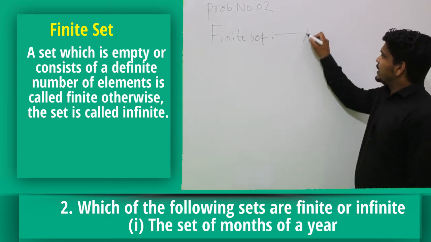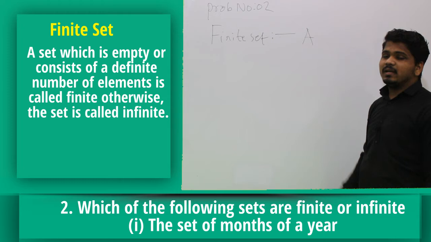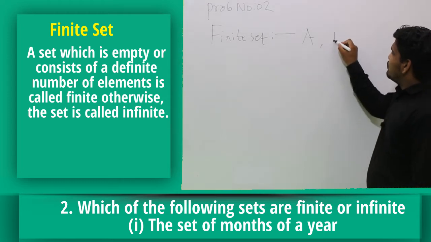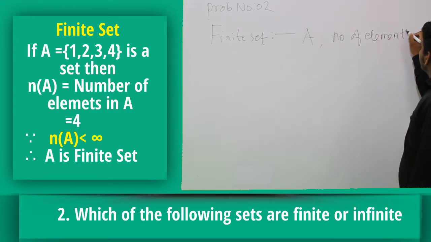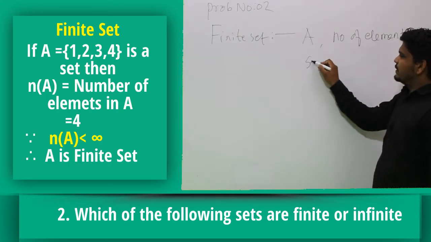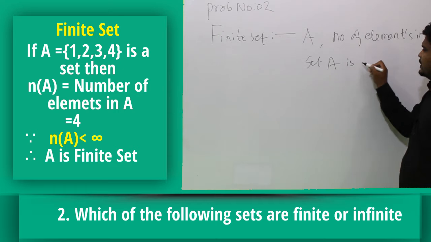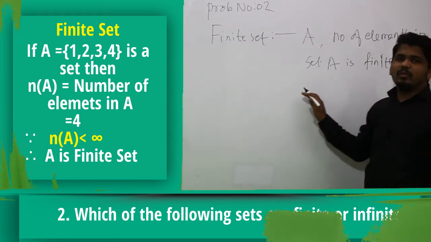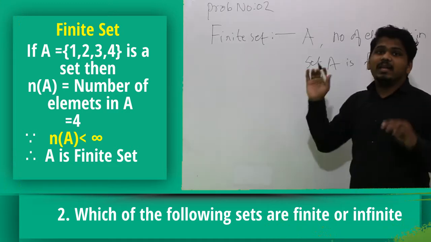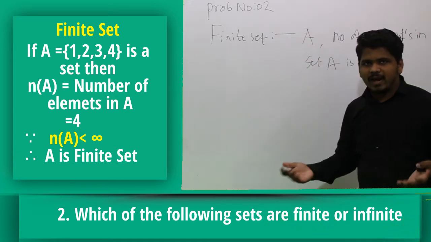Any set A is called finite when the number of elements in this set A is finite. Okay, means you are having the number of elements in your set as finite, then that set is called a finite set.